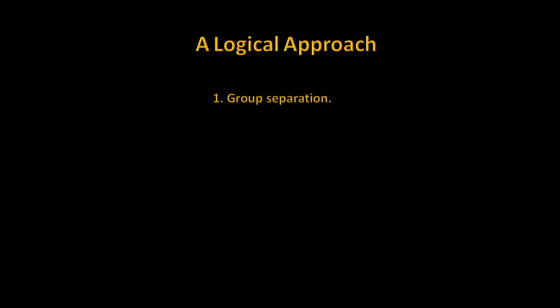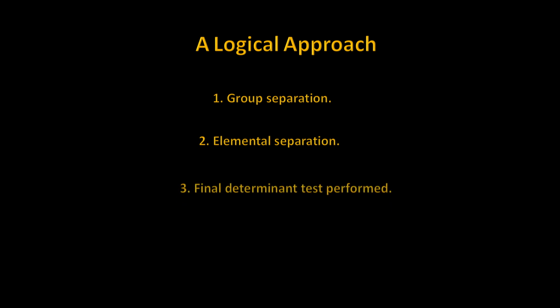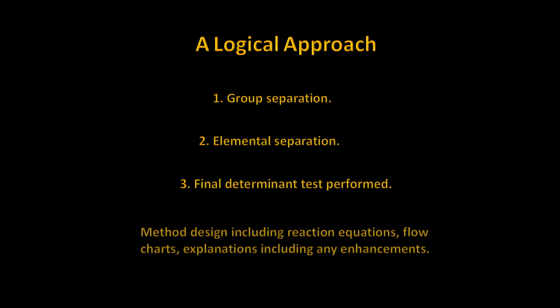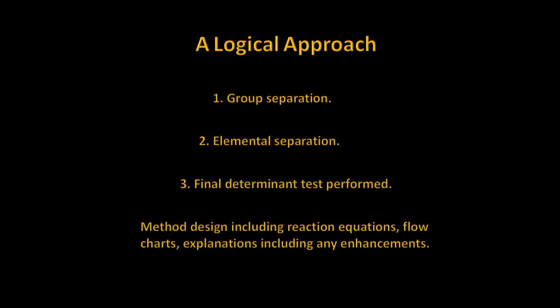The second is the individual elements in each group, which can further be separated, that is to say, isolated from each other. The third element is the final tests that are involved to identify each element within its respective group. And the fourth is the design of the method to be used, which would include reaction equations, flowcharts, and explanations, including any enhancements.